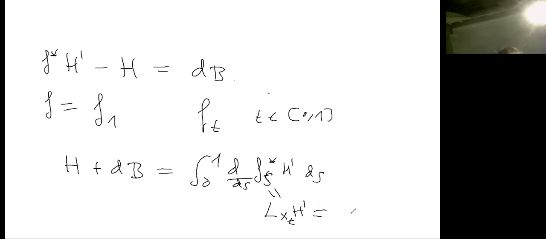But because H prime is closed, this is just d of i_Xt, which is exact. And now you can exchange d with the integral and you obtain that the class of H prime equals the class of H.